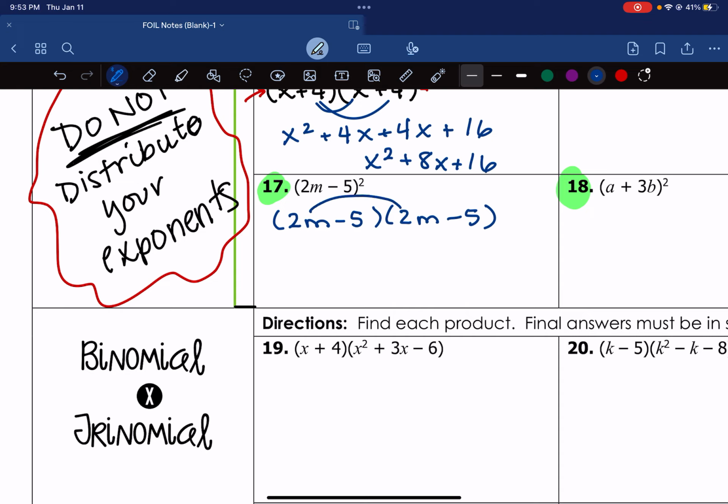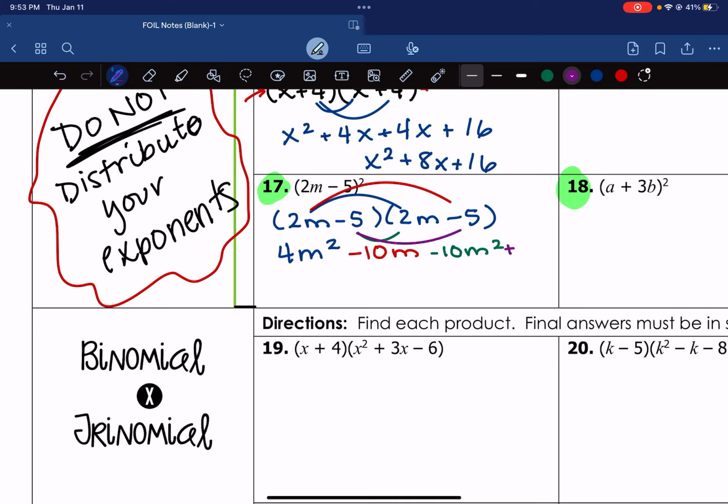Thank you. 2m times 2m is going to be 4m squared. From there, we're going to do 2m times negative 5. That's negative 10m. Negative 5 times 2m. I did that in the wrong color. Negative 5 times 2m. That's going to be negative 10m. Negative 5 times negative 5.